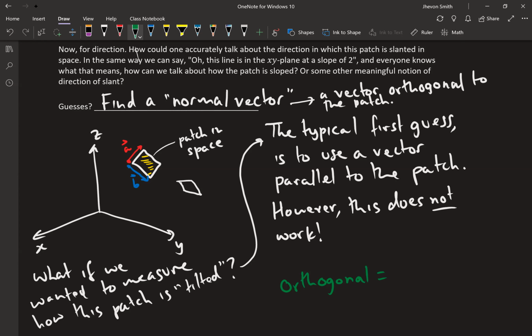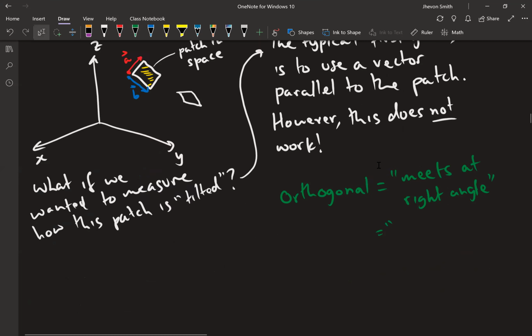Orthogonal equals meets at right angle. It's just perpendicular in higher dimensions, really.